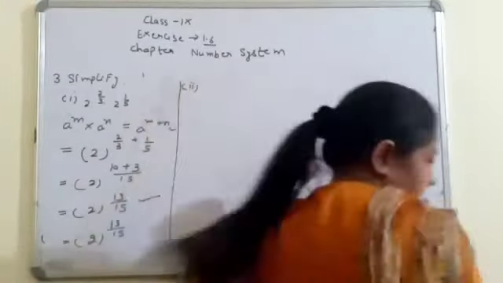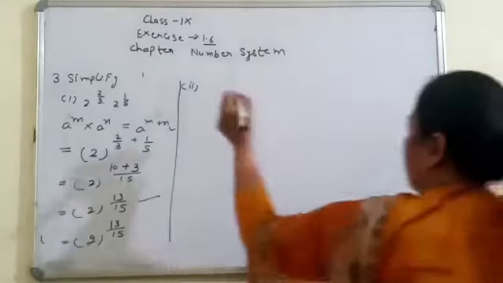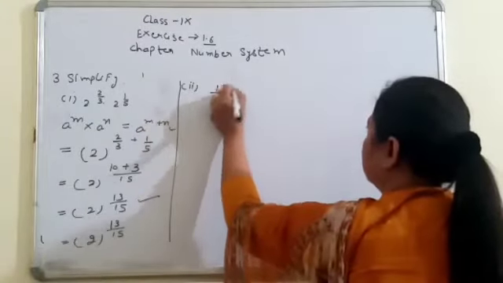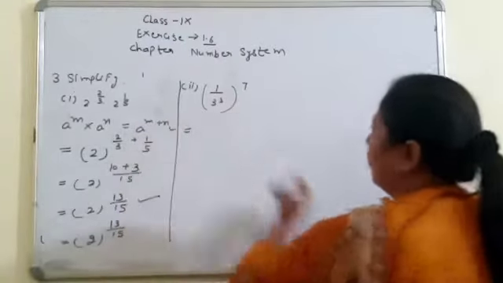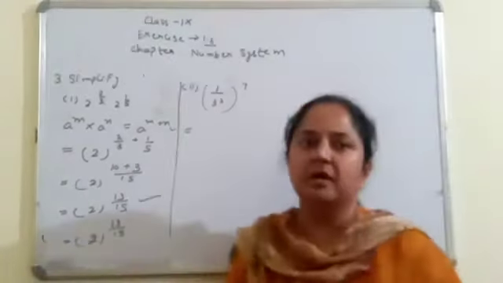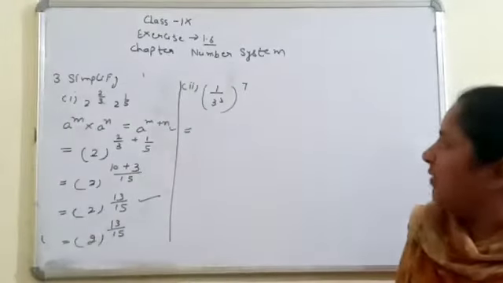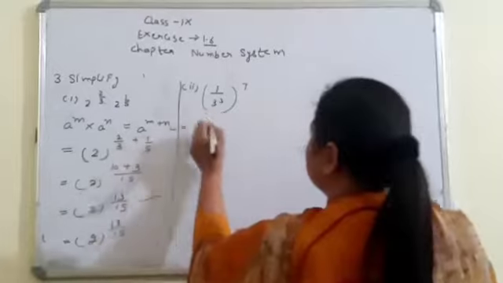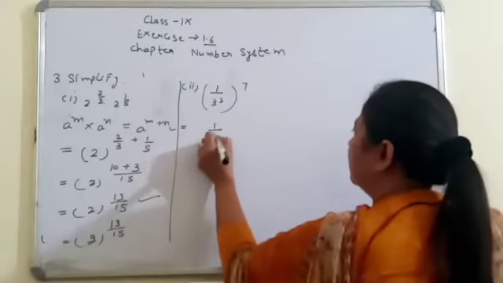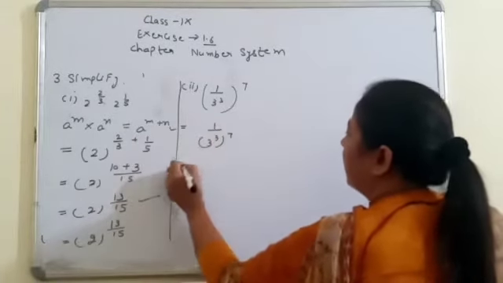Second part. Second is 1 upon 3 raised to power 3 whole power 7. So we can do it by two methods, two ways. First is 1 upon 3 into 3 multiplied by 7.